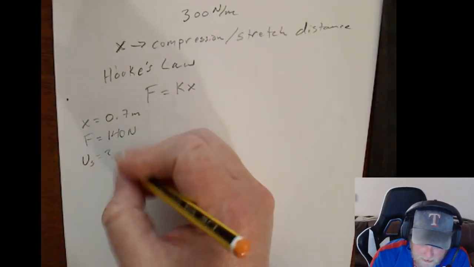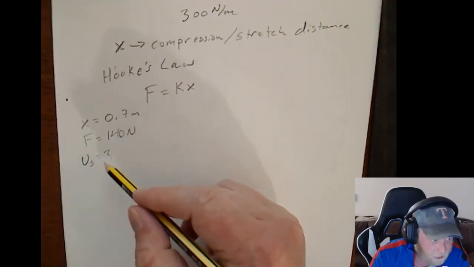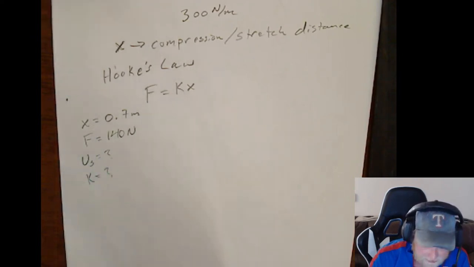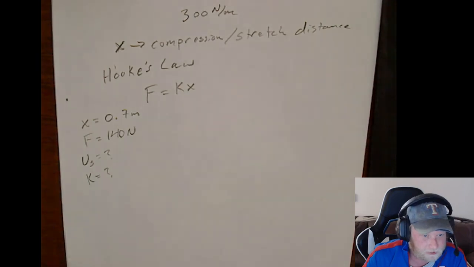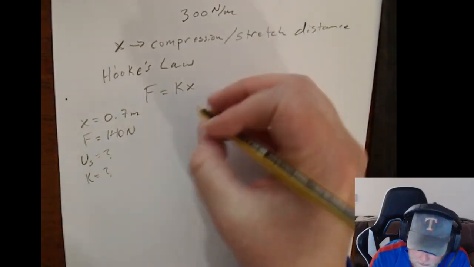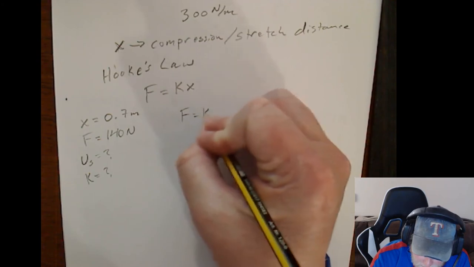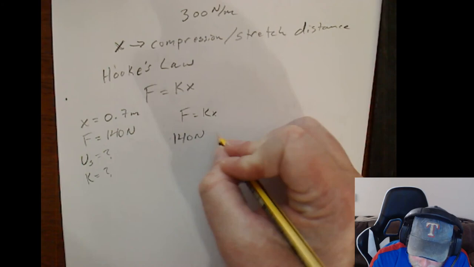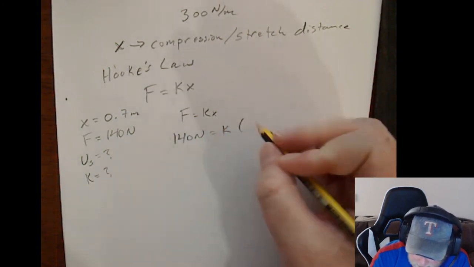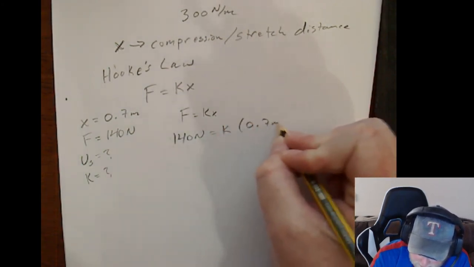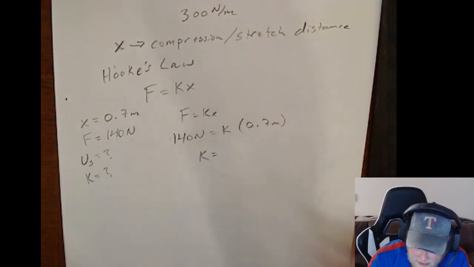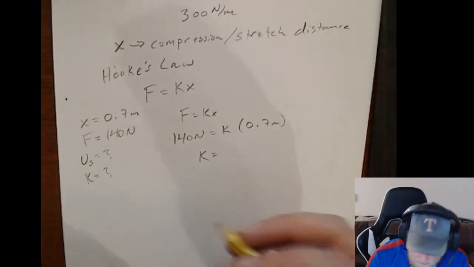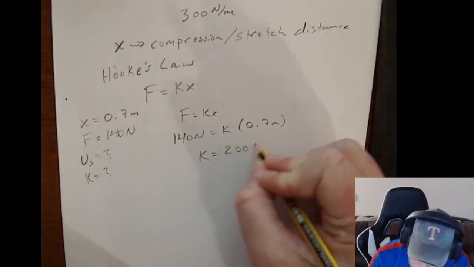Well, the first thing we're going to need to know if we want to find our elastic potential energy is the spring constant associated with that drawstring. So we can use Hooke's law to determine that. The force of 140 newtons is required to pull this string back 0.7 meters, which means that k comes out to 200 newtons per meter.